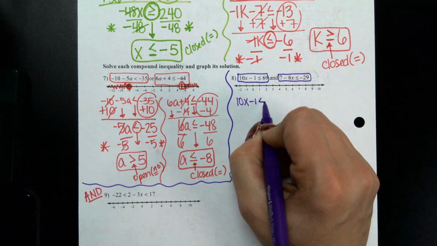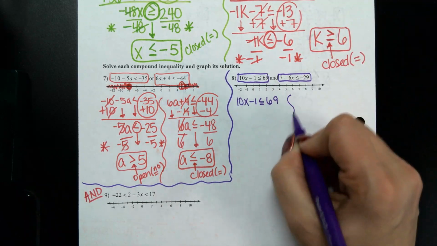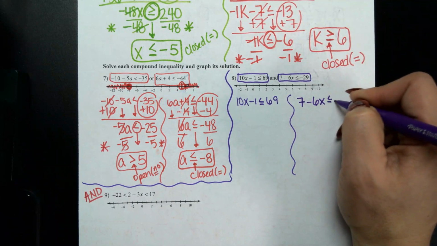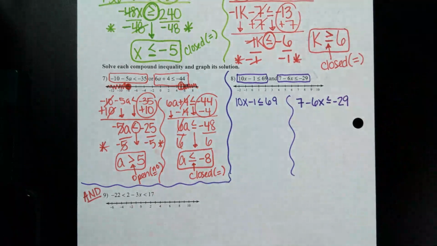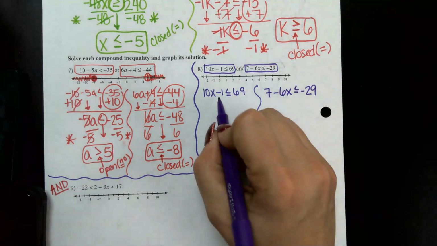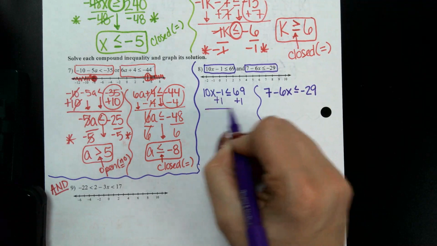So for problem number 8, you guys are doing 2 individual 2-step inequalities. So same steps, add or subtract first, then divide at the end. We're going to add 1, giving us 70.